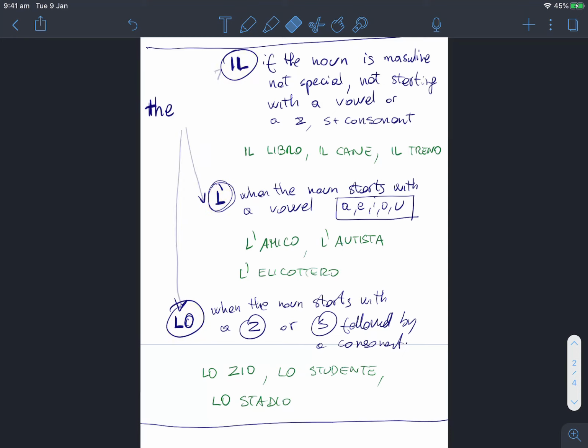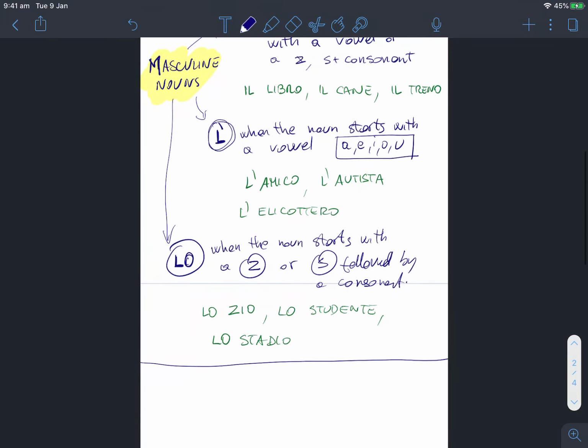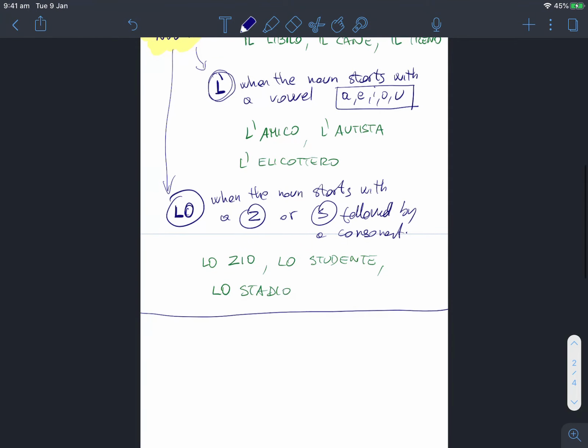It doesn't let me. And I'm going to put masculine nouns. So hopefully we'll have these masculine nouns. You have this, you have this, and you have this. Masculine nouns. Then you have the feminine nouns.